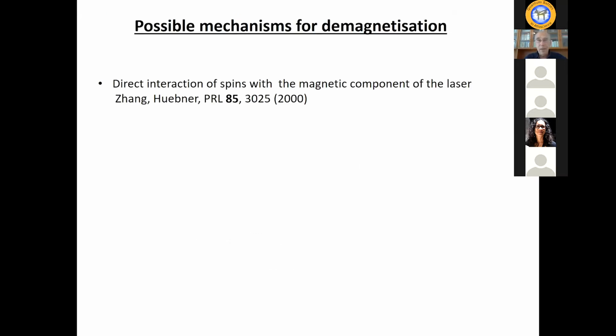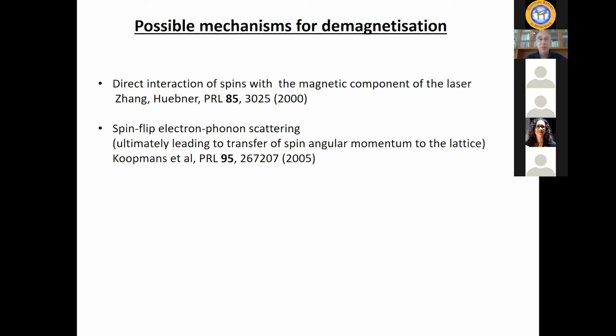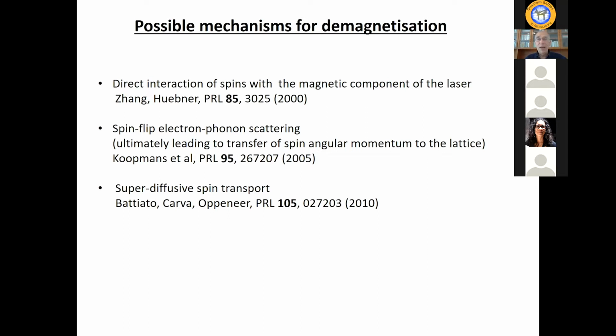And there have been many propositions in the literature. First was a study that actually investigated the importance of the magnetic component. Then another proposition was spin flip electron phonon scattering. And finally, spin transport, where the idea is that in the interesting region where the laser focus is, there's initially some magnetization which then moves elsewhere in the material so that the magnetization inside the laser spot goes down.